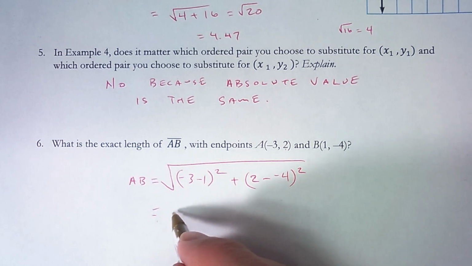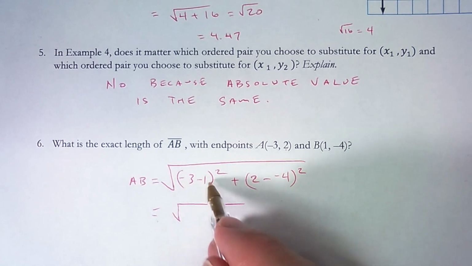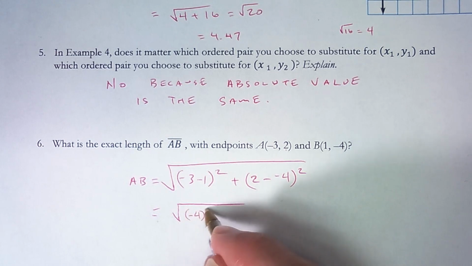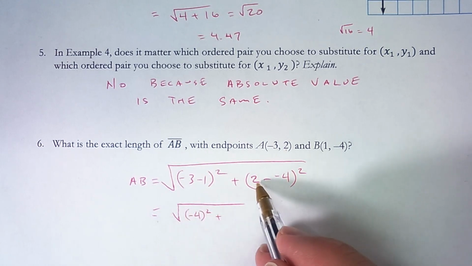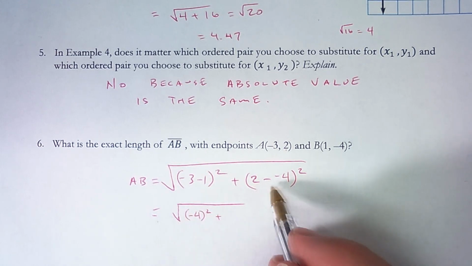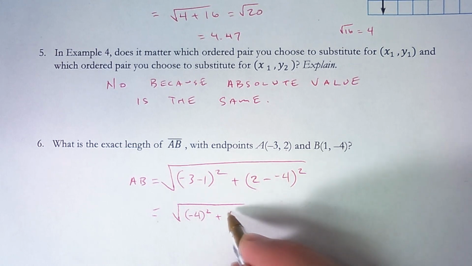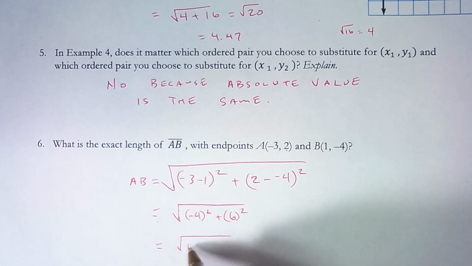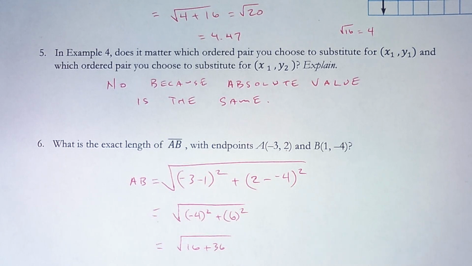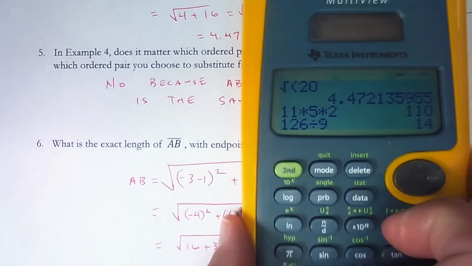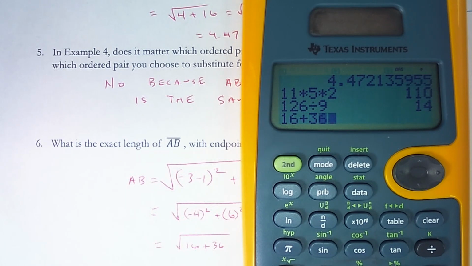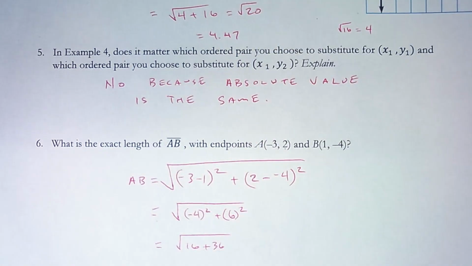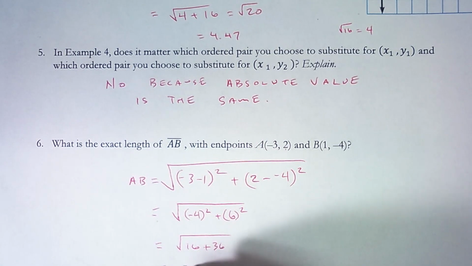Okay, so that is the square root of negative 3 minus 1 is negative 4 squared, plus 2 minus negative 4, that's 2 plus 4, 6 squared. Okay, so we've got the square root of 16 plus 36, and 16 plus 36 is 52. So we have the square root of 52.